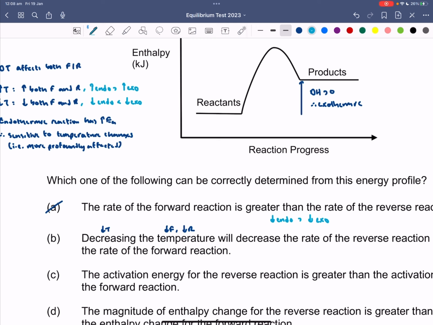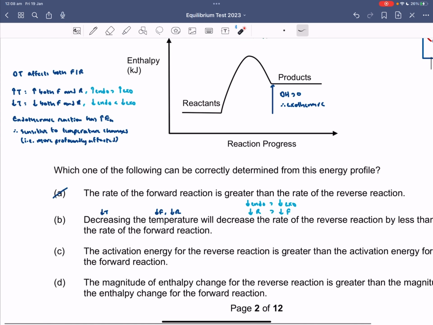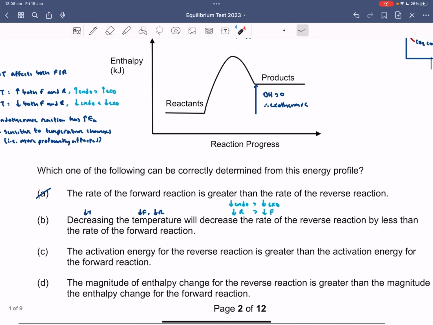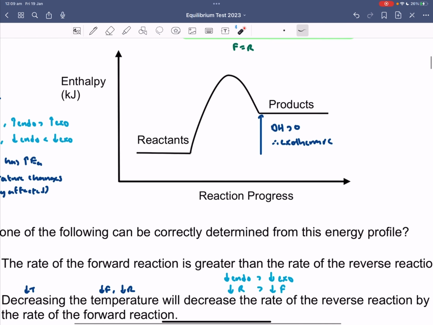So if the reverse reaction is endothermic, then I can say that the decrease in the reverse reaction is more profound than the decrease in the forward reaction. They both will drop, but the reverse will drop more than the forward. So it says decreasing the temperature will decrease the rate of the reverse reaction by less than the... I've just realized I've made one error.